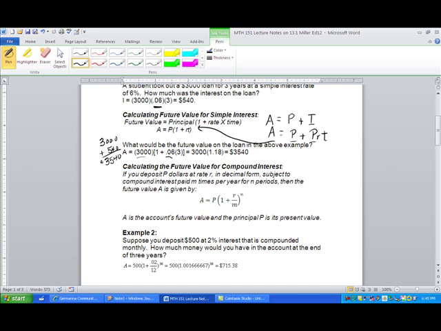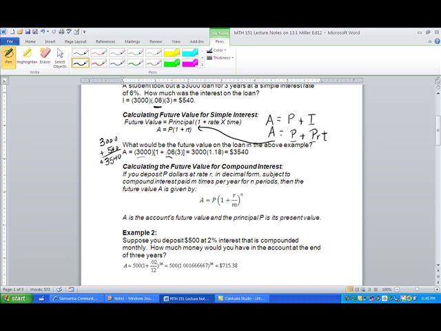In some accounts, you do have to be concerned about compound interest. And there are a number of ways to compound interest. It can be done monthly, it can be done daily, it can be done annually. Semi-annually is also a possibility.